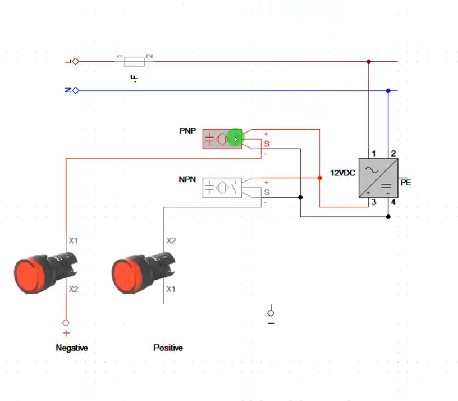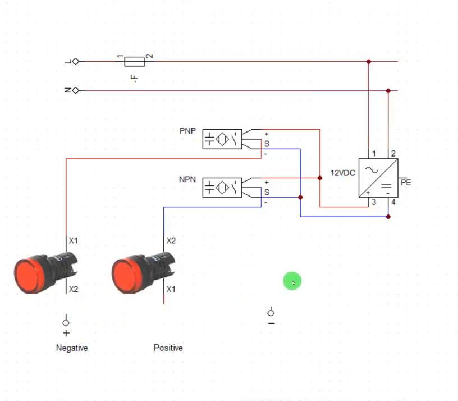You can see that it's not coming up. It's not coming up because the positive I inputted here is the same positive I have here. This one gives me a positive signal, so I don't need positive here again. What I need is negative to complete the circuit. So this one cannot come up until you polarize it correctly.